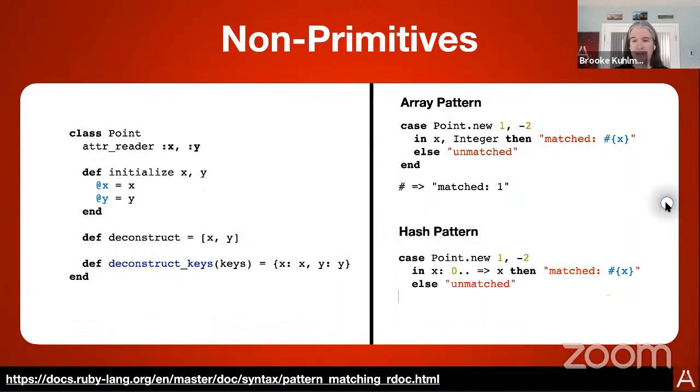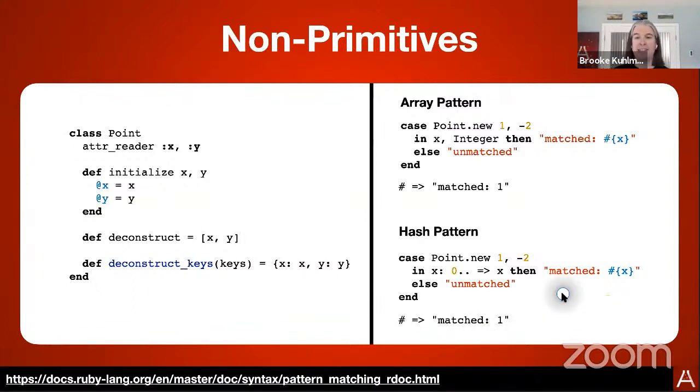Now, in the case of hash, if I say point new, and then I actually do something a little bit more clever here, where I say, hey, as long as there's a key of X and the value is a range, so basically 0 to an endless range, that's totally a match. And in this case, that comes out as a match as well.